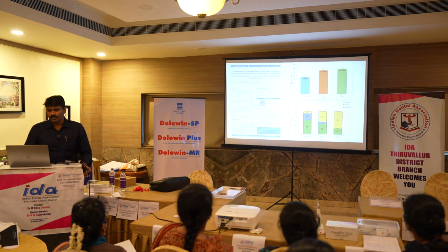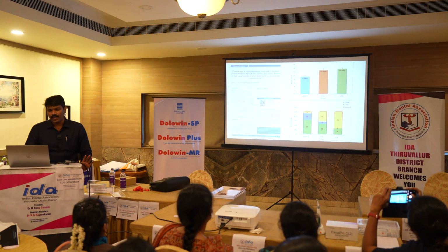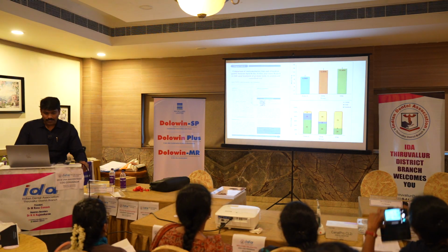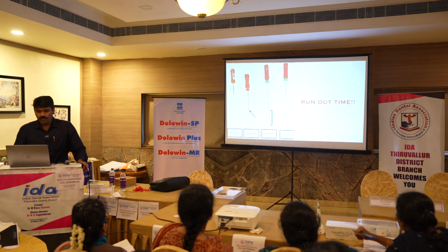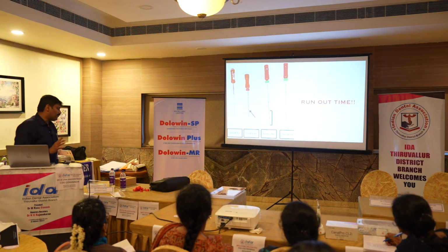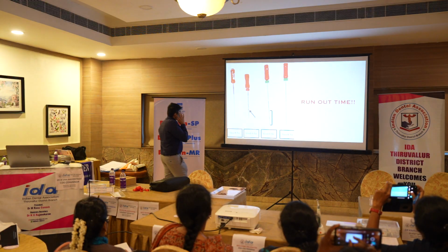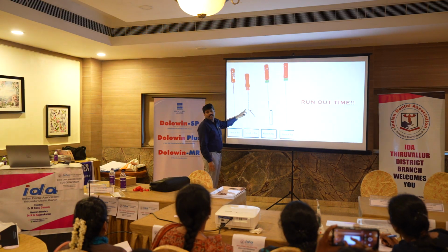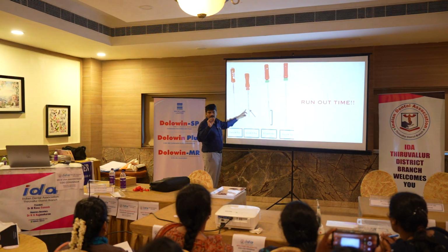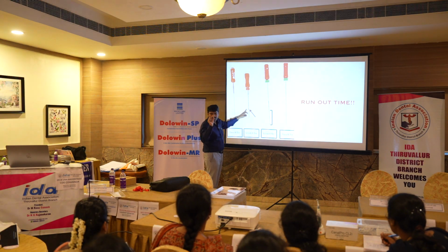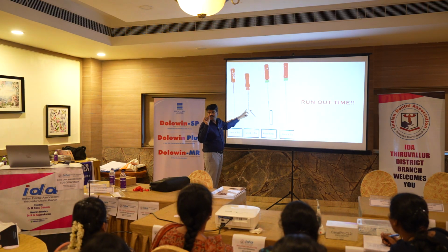This is a study which shows that K file, H file, everything gives a good preparation and obturation. Inspect your file after every case. This is the most common thing. If you see something unwinded at a particular area, it is a sign that it is going to fracture.